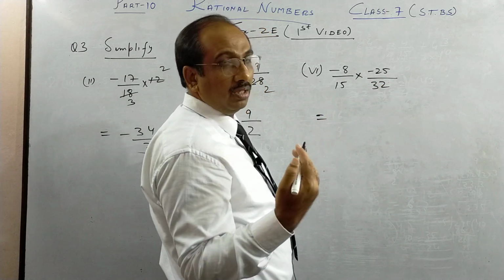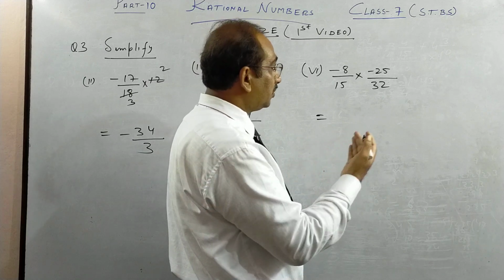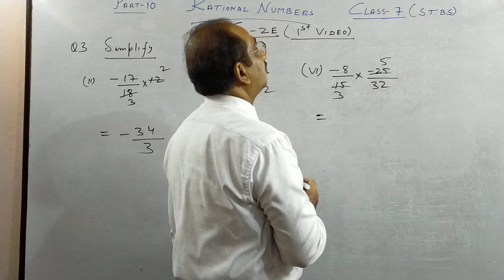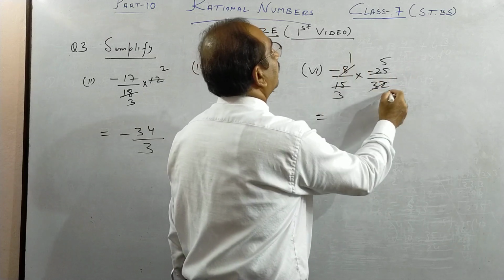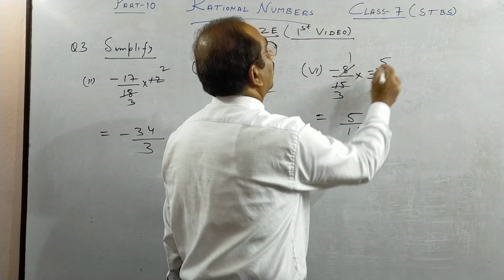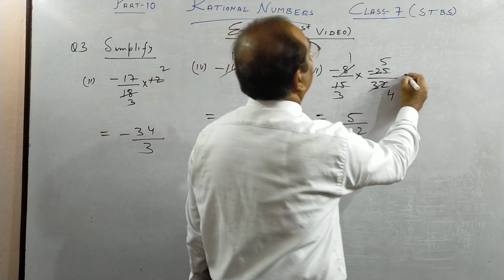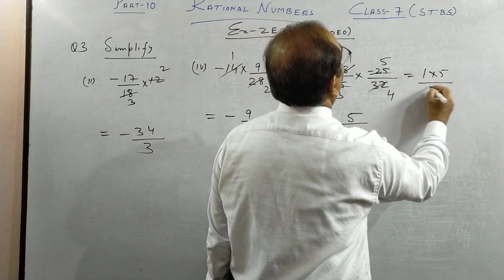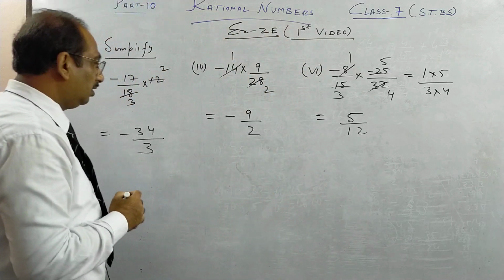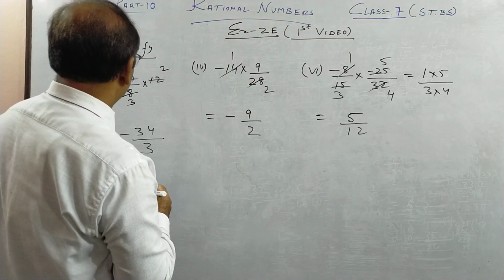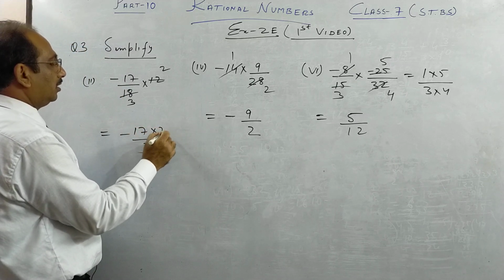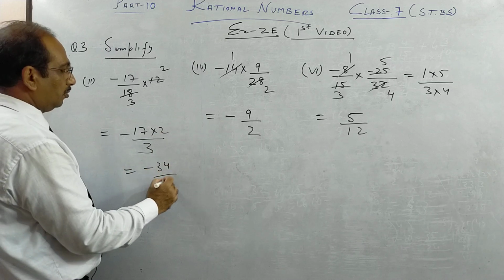Now what are the possible numbers which will cancel? So 5 threes are 15, 5 fives are 25, 8 ones are 8, 8 fours are 32. So we have 5 by 1, 5 ones are 5. Up you multiply, and down you multiply. This is what we have learnt in multiplication. So here also you could have done in one more step, minus 17 into 2, minus 34 by 3.